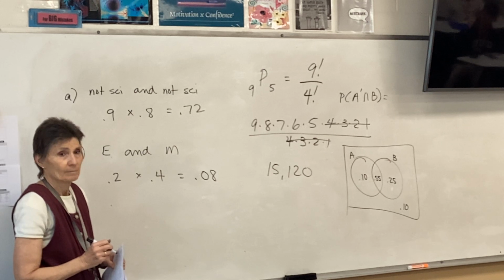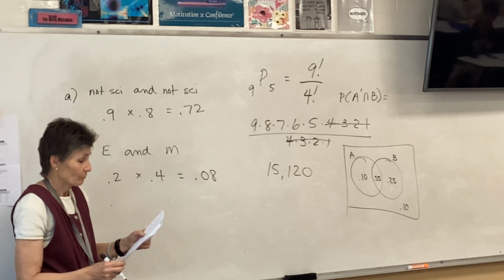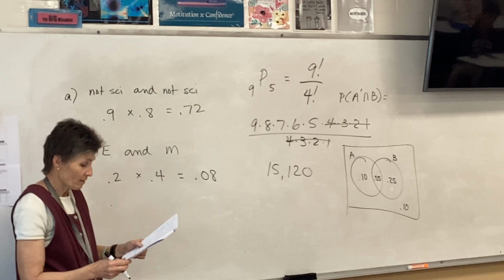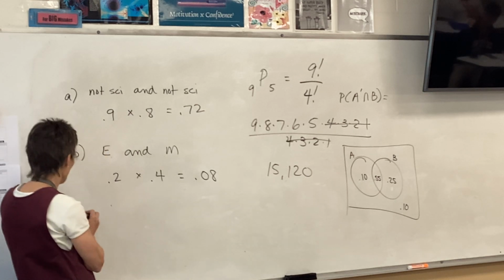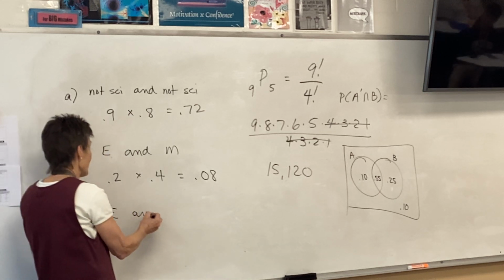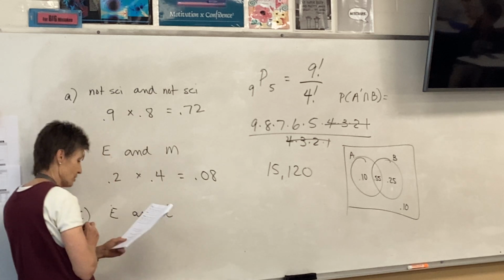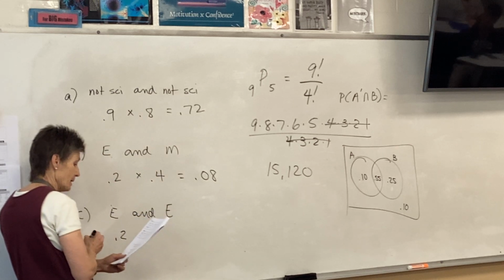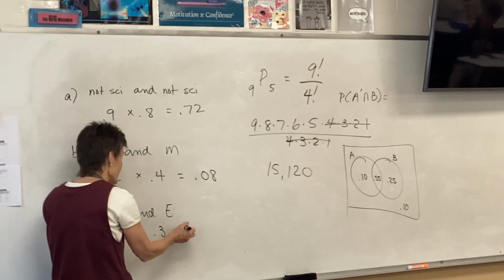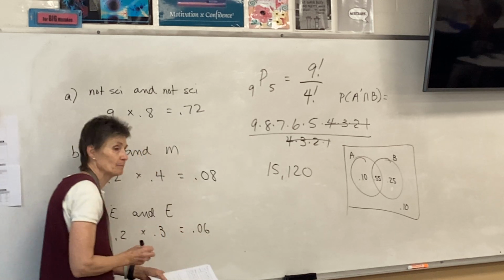What is the probability that both like English? English and English: 0.2 and 0.3, 0.06.